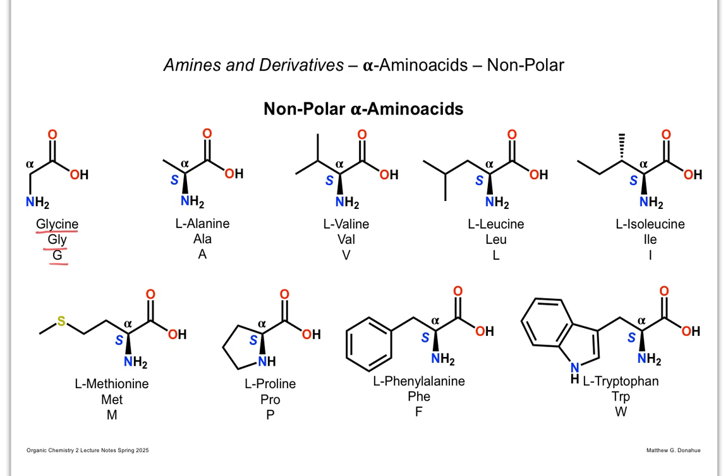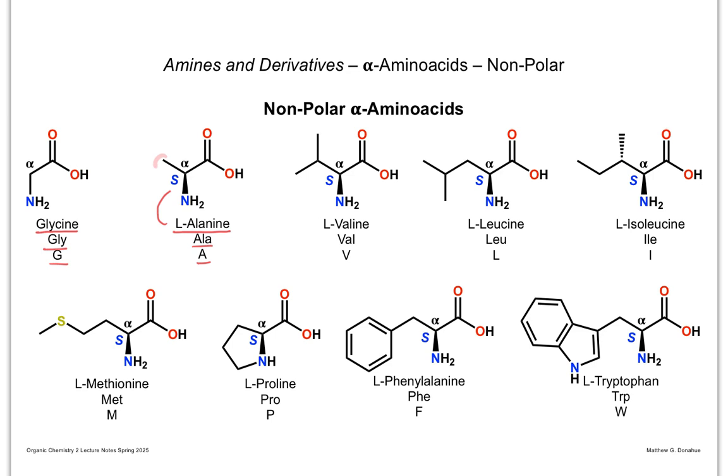And so moving on now to L-alanine. Remember that the L refers to having the amine group on the left side of the Fischer projection, and that corresponds to the S stereochemical designation. So L-alanine, abbreviated ALA or A, has a methyl group, so that's the side chain.